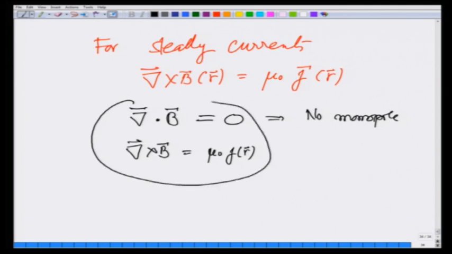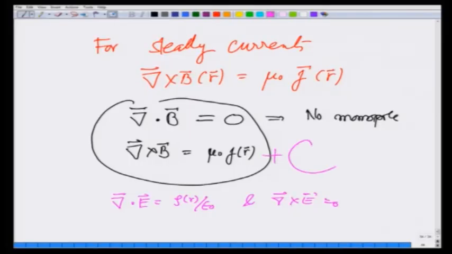Compare these equations with those for the electric field, where I had divergence of E as rho r over epsilon 0 and curl of E 0. So, here curl of B is non-zero and divergence of B is 0, and remember this is true only for steady currents. If there is time dependent current, then there will be an additional term here which we will deal with later. Right now, we will focus only on magnetostatics and therefore magnetic field due to steady currents.